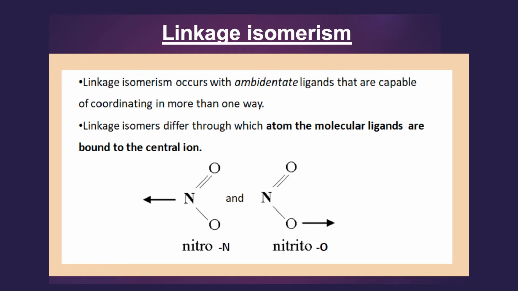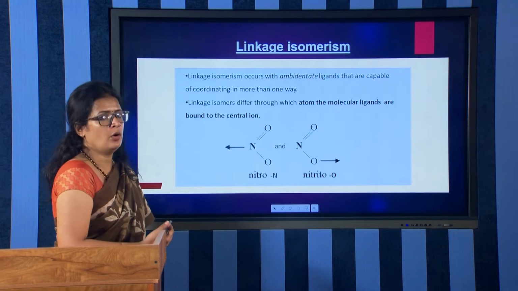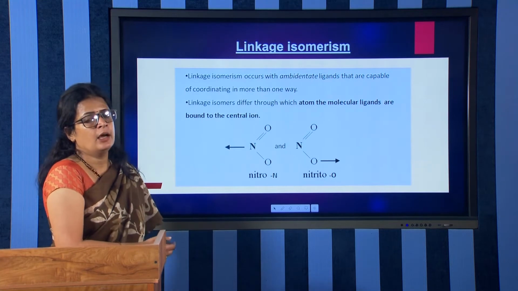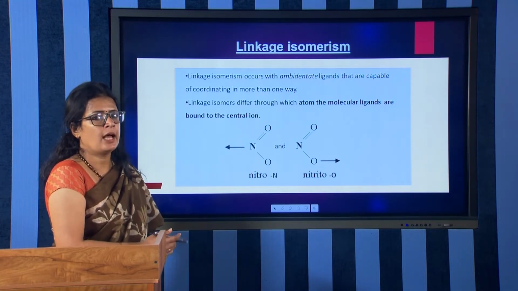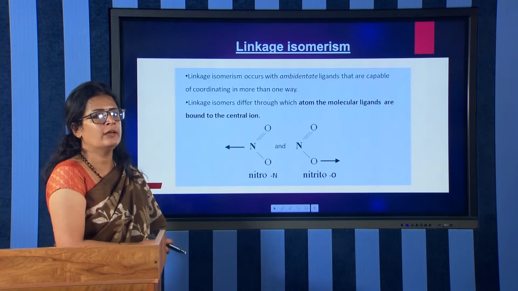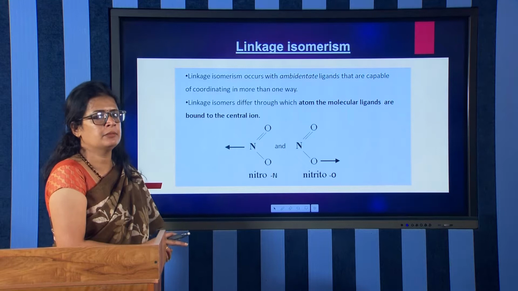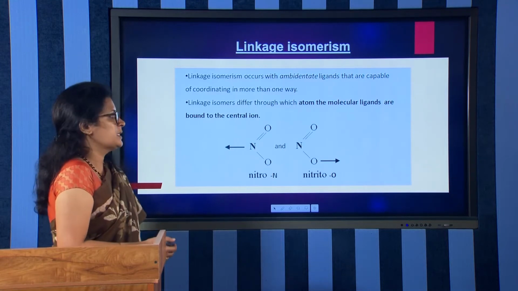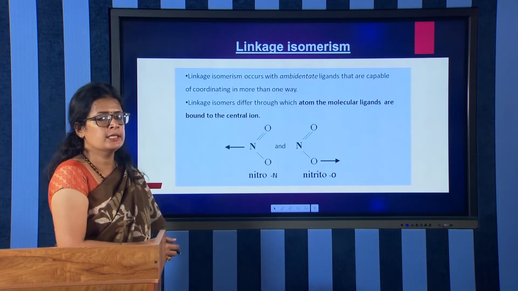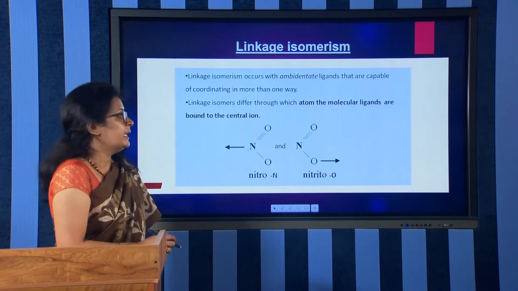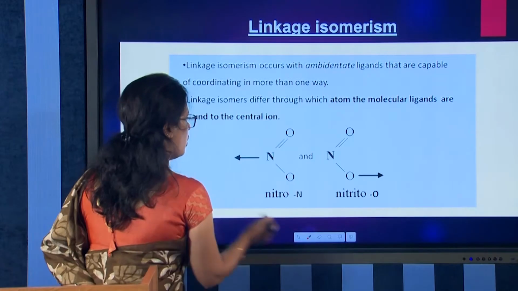I have already discussed what an ambidentate ligand is. Ambidentate ligands have two donor atoms, but only one will be bound to the central metal atom at a time. Examples are NO2 minus and ONO minus. When it is NO2 minus, nitrogen is the coordinating atom.